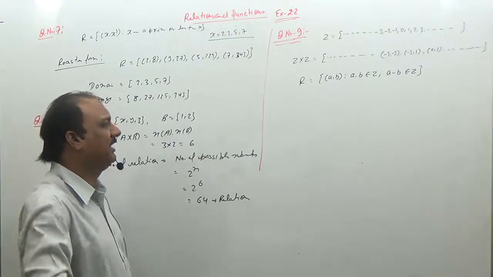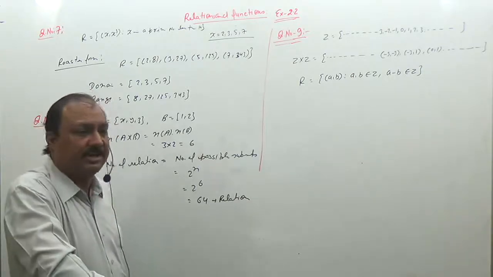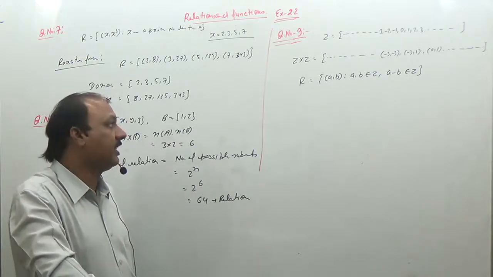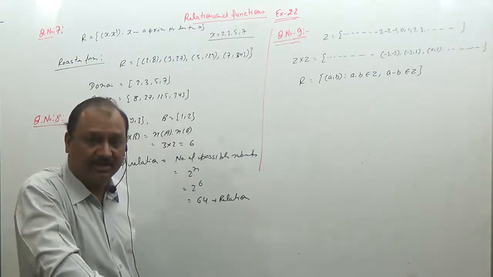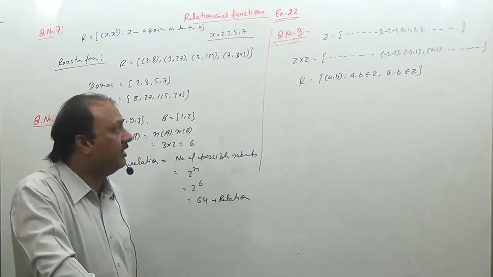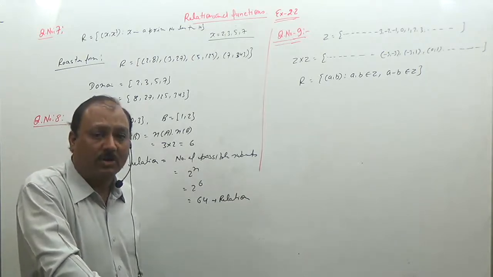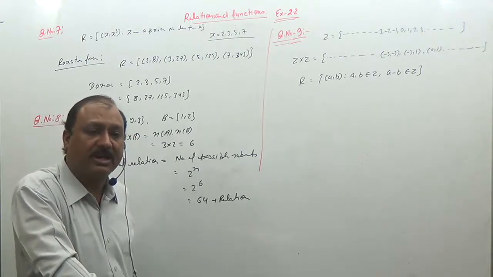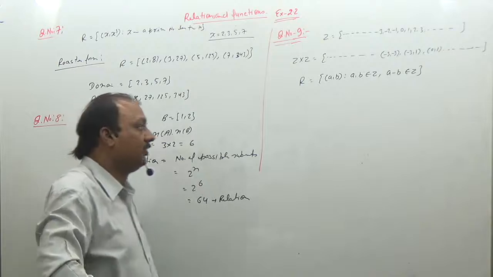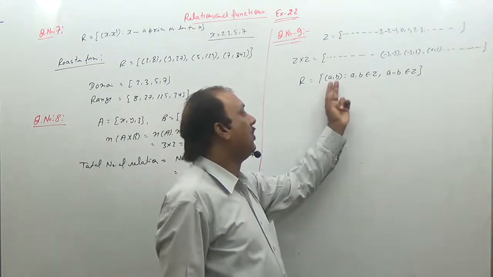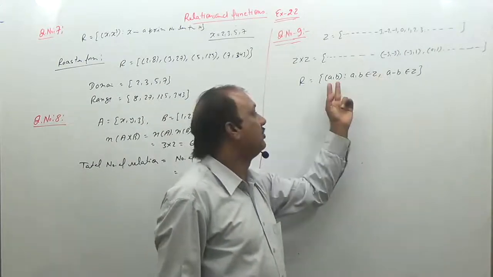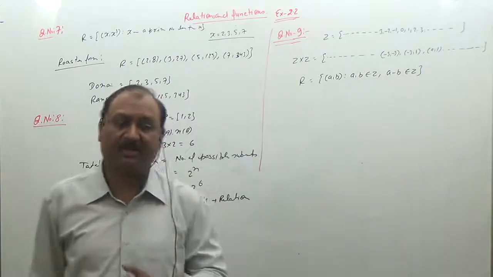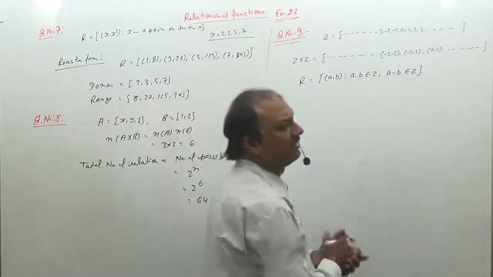To form a relation, first form the ordered pairs by taking the Cartesian product of the set of integers with the set of integers. Now we select all those ordered pairs in which the difference of the two numbers, that is a minus b, is an integer. We have to form a relation, and the ordered pairs you have to select are those in which the first minus second number is an integer. So this is the universal relation.